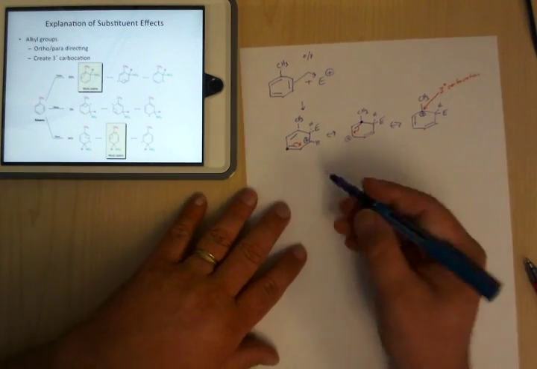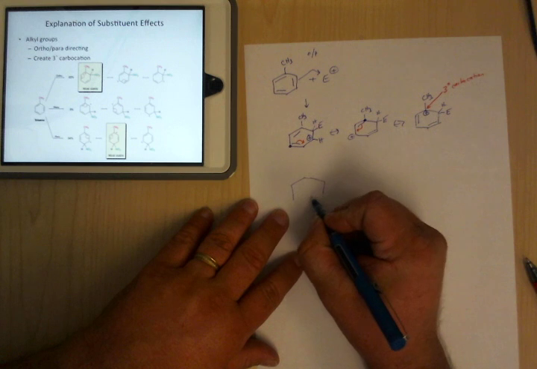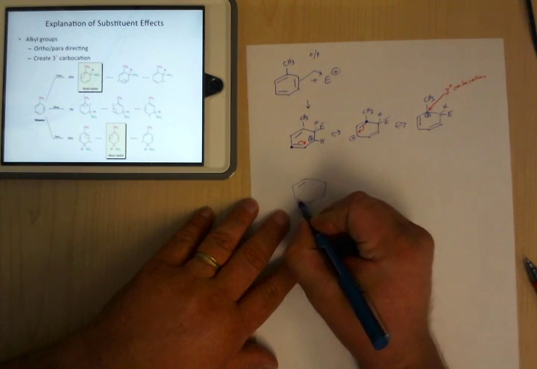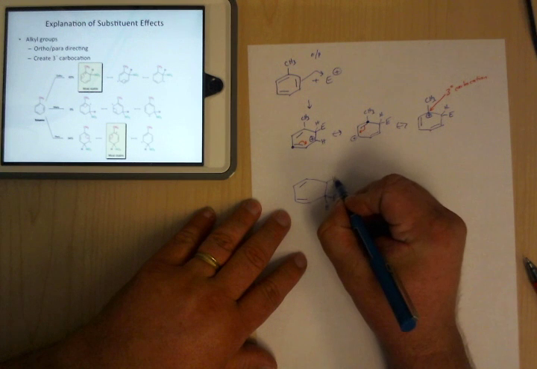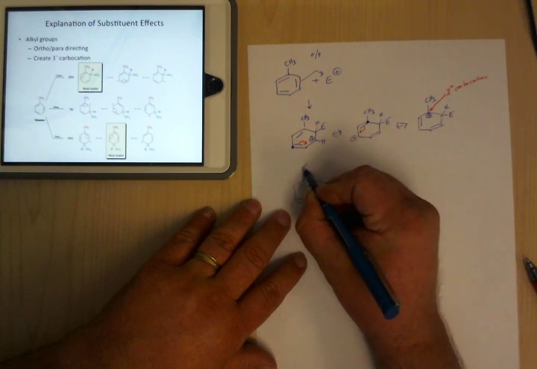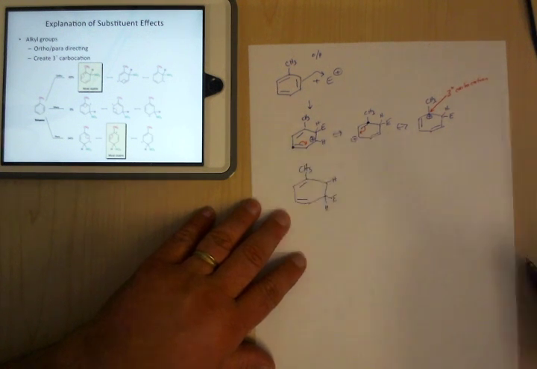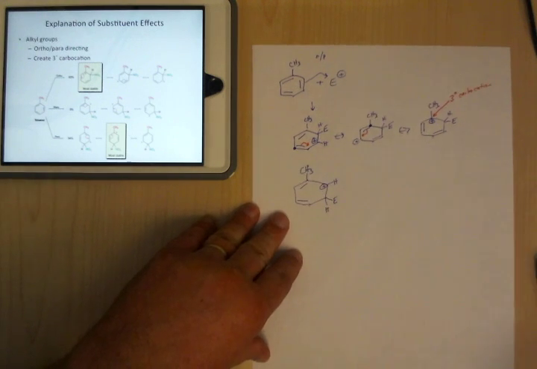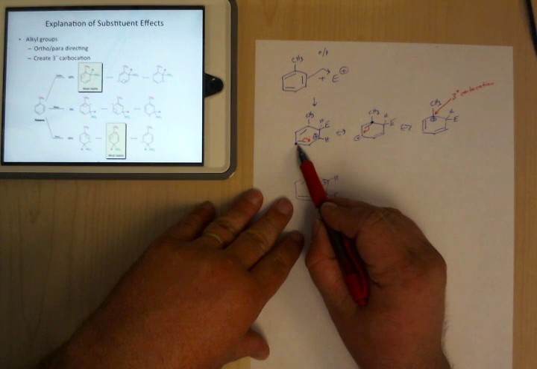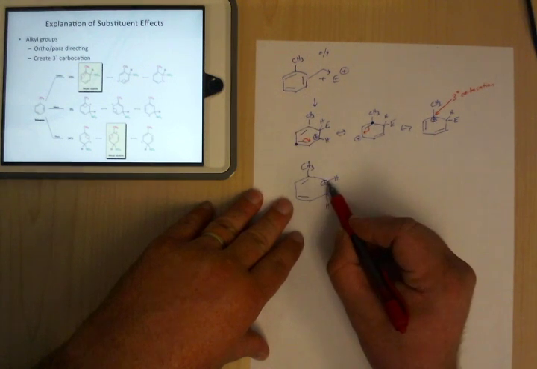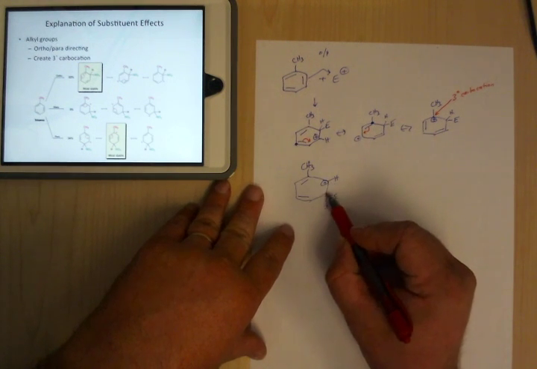Now, if you were to instead put it on the meta position, right? Put it there, right? We have the skipping effect, right? Because we started here, we skipped to there, we skipped to there, right? So where would we go, right?